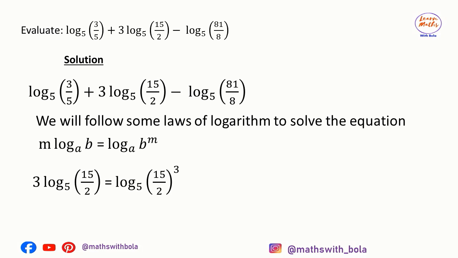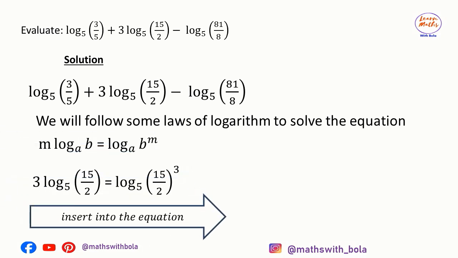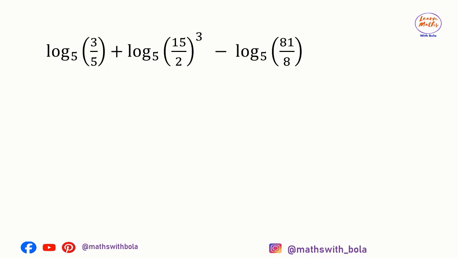So we express it this way, then we insert that value into the equation to have log base 5 of (3 over 5) plus log base 5 of (15 over 2), don't forget everything in bracket raised to power 3, then log base 5 of (81 over 8).